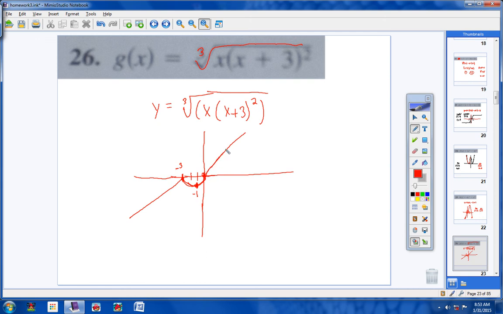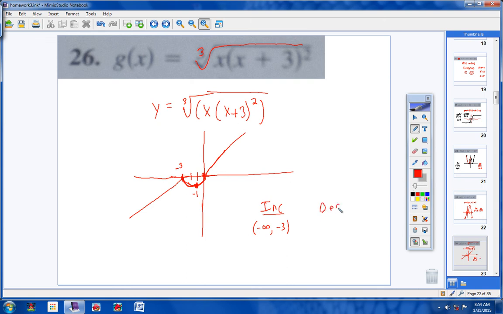So here we go. From left to right, it's increasing. That's pretty obvious. Here to here, so we're going to put -infinity to -3. Now look, it decreases from here to here. It bottoms out right here at -1.